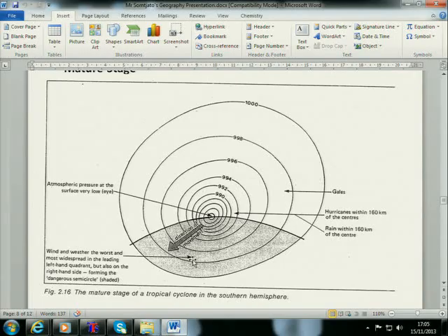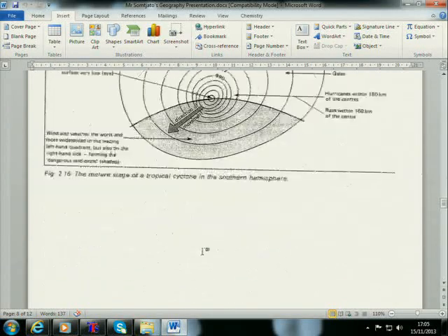Remember, we said a tropical cyclone is a very intense low-pressure cell, meaning it is more dangerous than the mid-latitude cyclone. This is the head of the tropical cyclone, the area shaded.